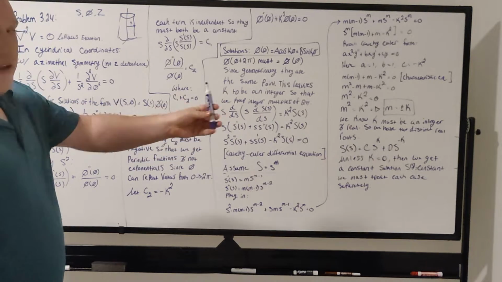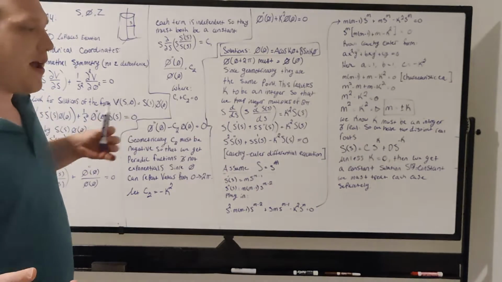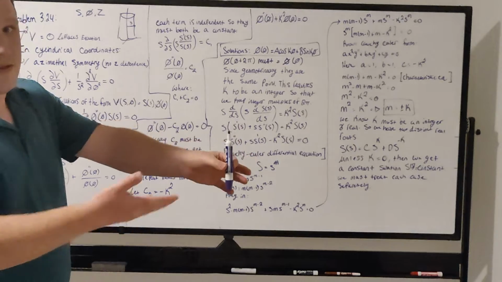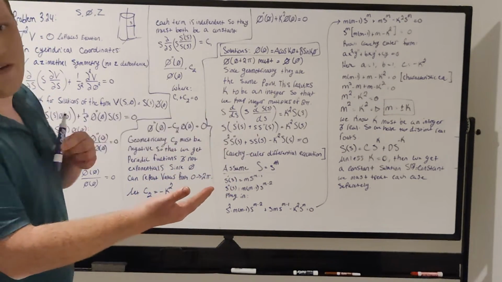At every multiple of 2 pi, you'll come back to the same point. So the potential needs to be the same at that point, regardless of how many times you've gone around.